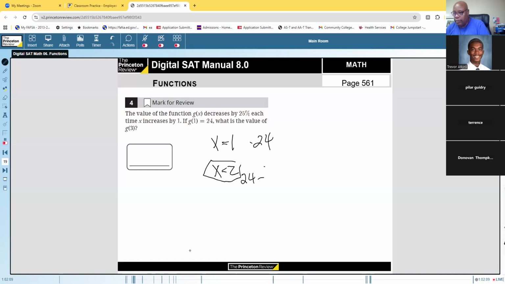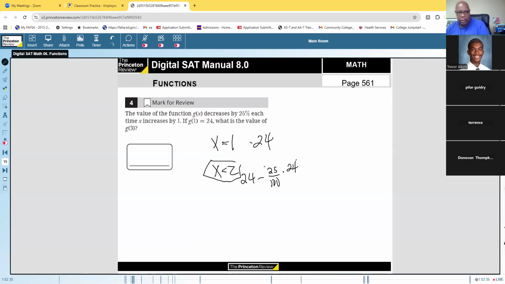Read the first sentence. 25%? So how much does it decrease by? 25% of what? 24? Yes. 25 over 100 times 24. So if we do this, what do we get?